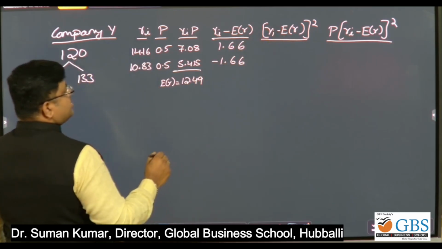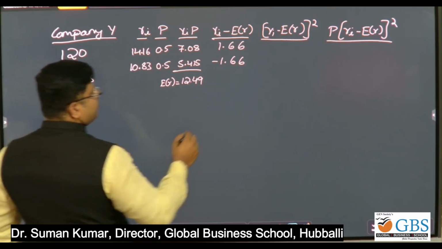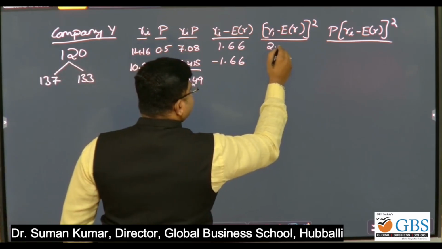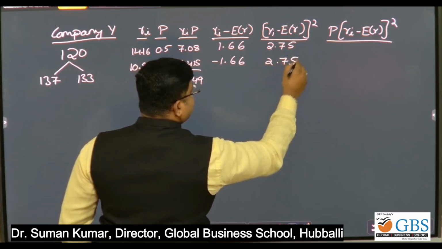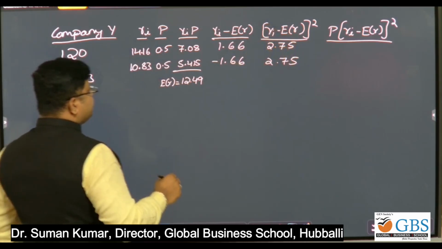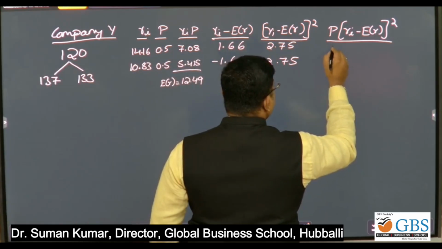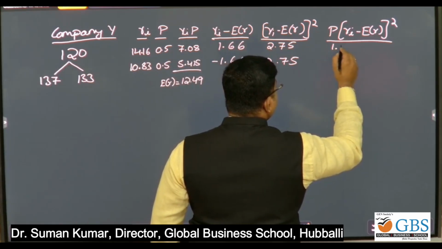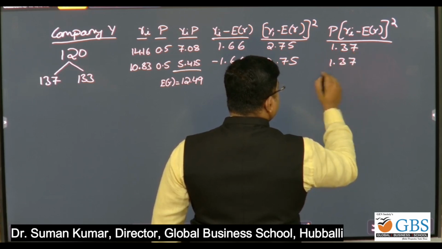Square it, 2.75. Then multiply with P, 1.37. Total, 2.75.